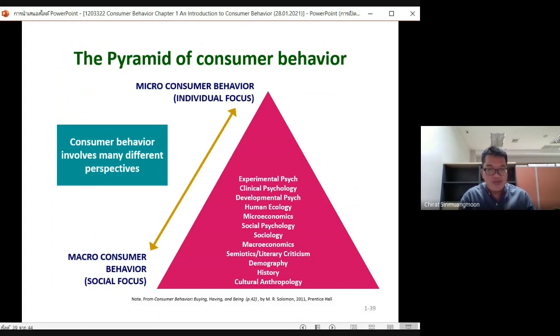For example, if you are working in clinical psychology or developmental psychology, you focus mainly on the person. So that is individual and it is micro consumer behavior. But if you focus on the big picture, like history, demography, or cultural anthropology, those specialists are going to focus on the social side, or macro consumer behavior.